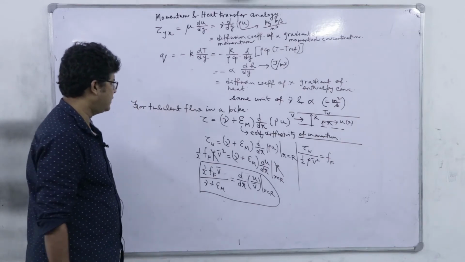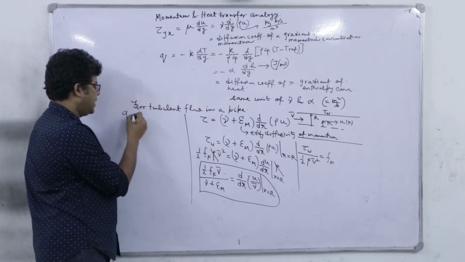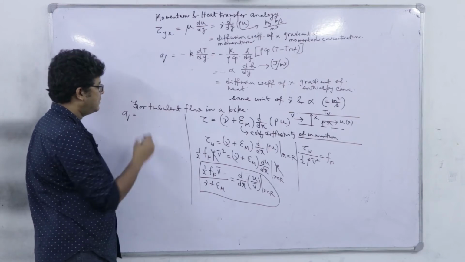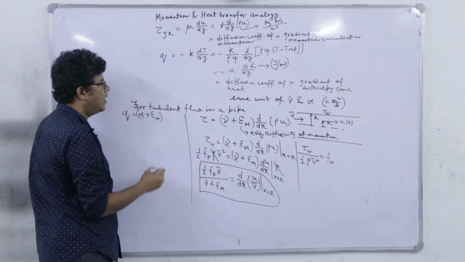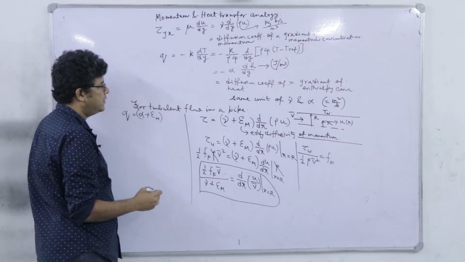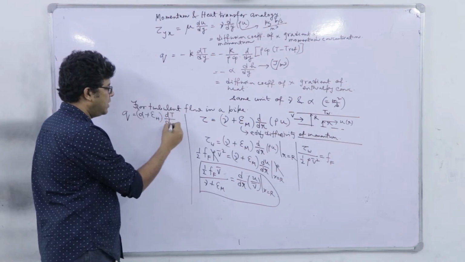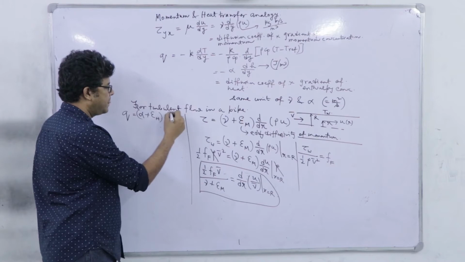Now, similar to this, if I alternatively apply Fourier's law, with alpha plus epsilon h, the thermal diffusivity of energy, into dT dr, right, of T rho Cp.